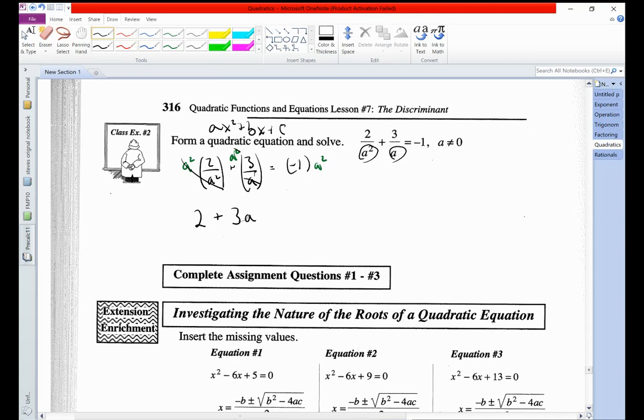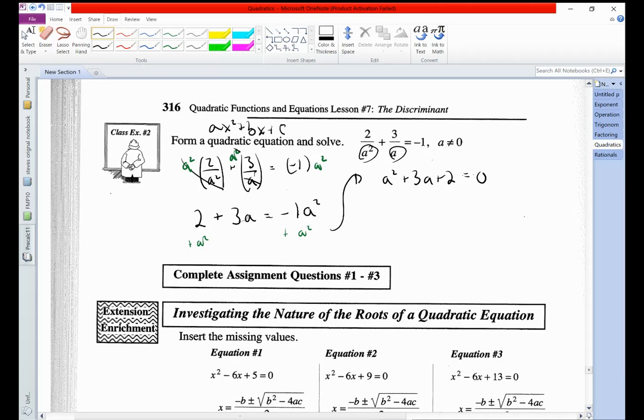And then on the other side, you have -1a squared, or just -a squared. So you can add a squared to both sides, and what you're left with is a squared plus 3a plus 2 equals 0.